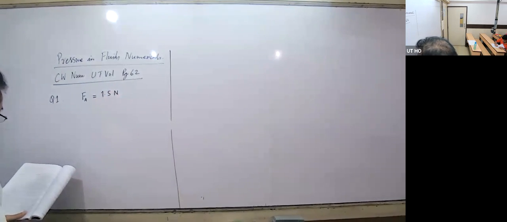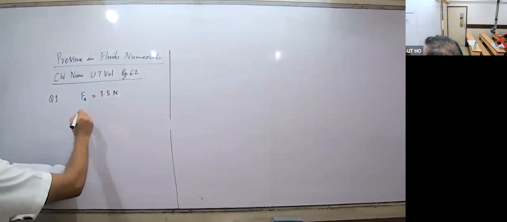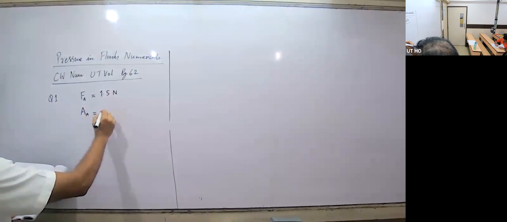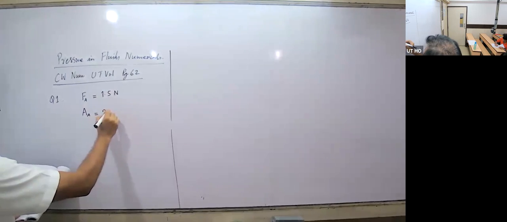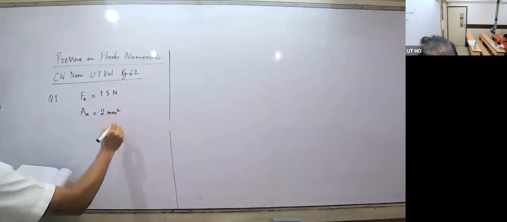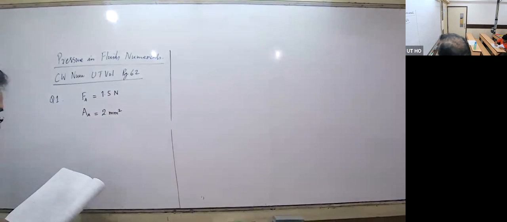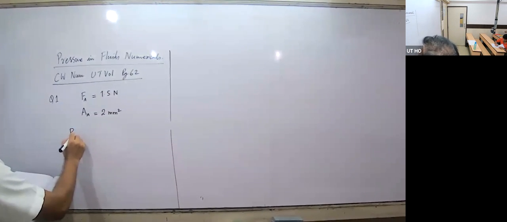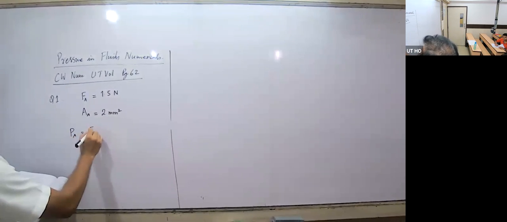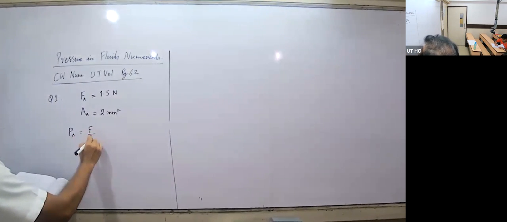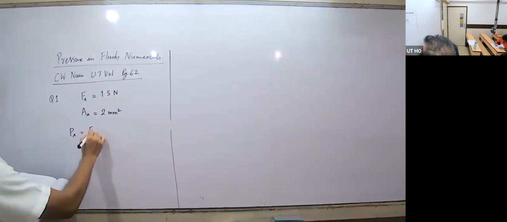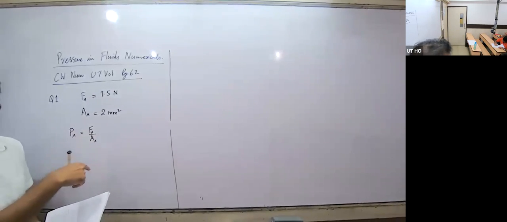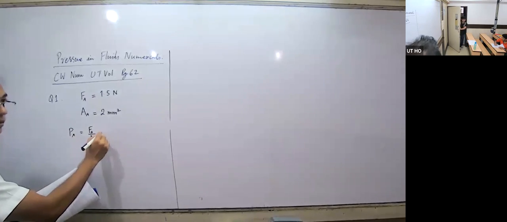The area of cross section of the tip of nail A is 2 millimeters square. Calculate the pressure on each nail. So what is the pressure on nail A? It must be force upon area, right? I've just given a suffix A for the nail name.